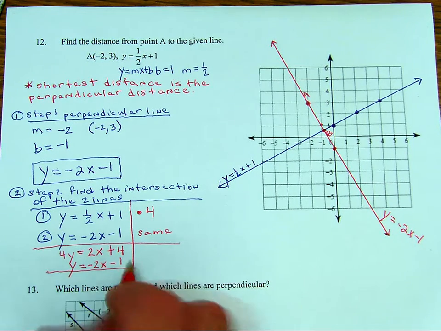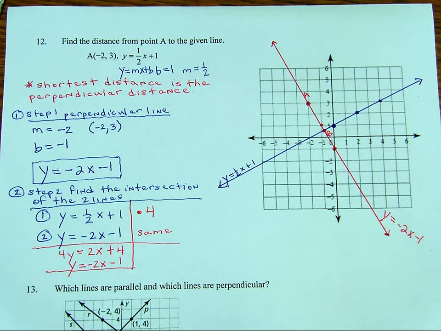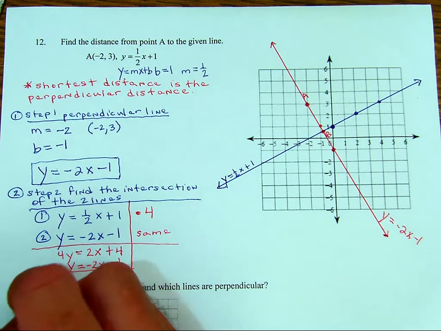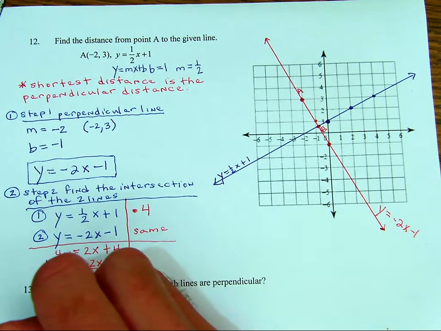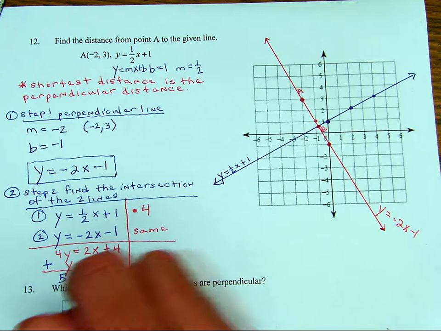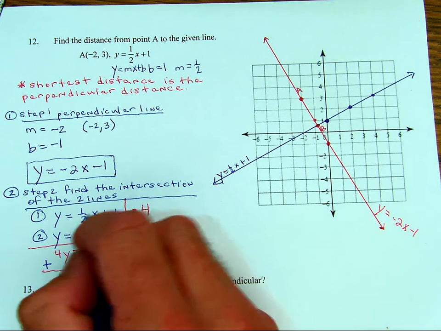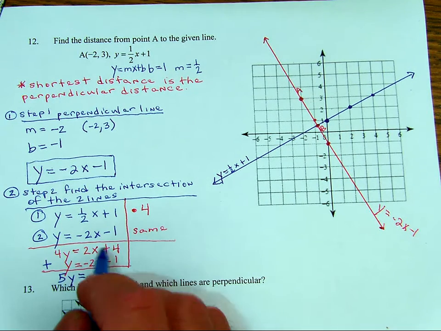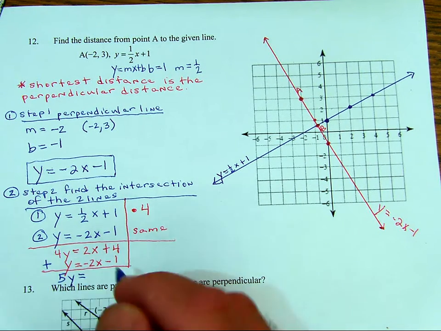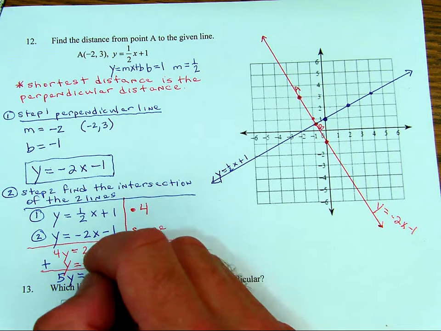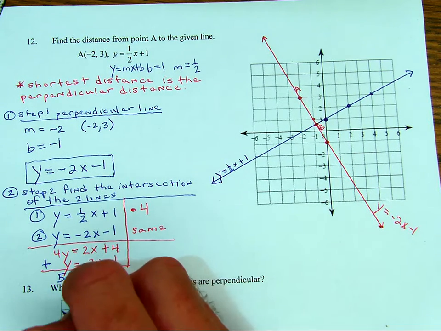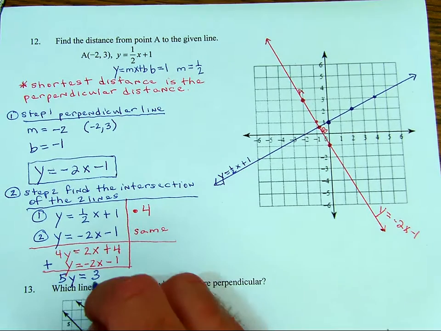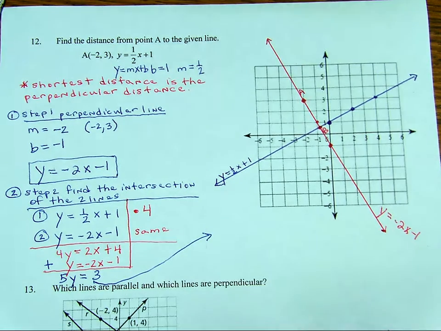And then I'm just going to add the two equations together. So 4y plus y is 5y. I multiplied the first equation by 4 to eliminate x. We eliminate x here. 4 plus negative 1 is 3. And then I could just solve this equation to find y.